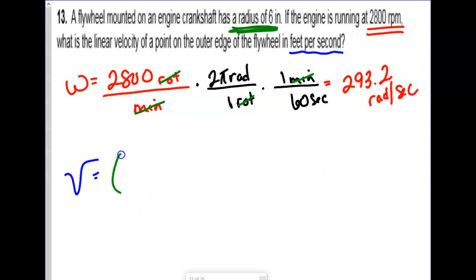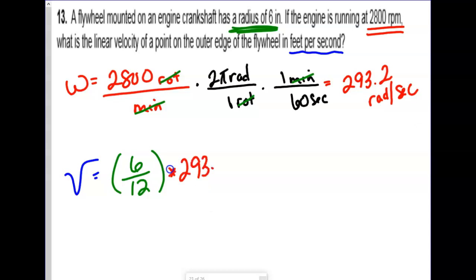In addition to that, we need to talk about this radius. 6 inches. True. Not feet. So can we just call it 0.5? Y'all know that 6 inches is half a foot, right? It is. Yay, English measurement. It's a stupid unit of measure. We all know that. All right, 293.2.